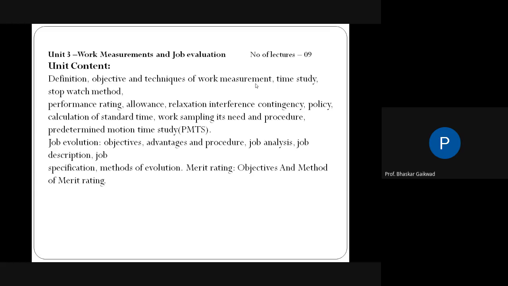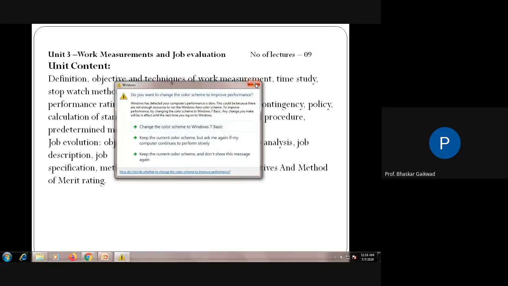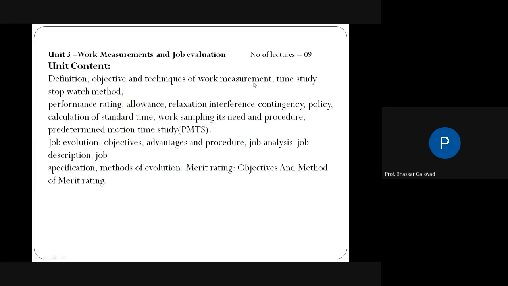So here they have given different types of allowances: relaxation, interference, contingency, policy allowance. Policy means what is decided by the management. So while calculating the standard time, we don't require the policy allowance. This is a great question: which allowance is not considered while calculating the standard time?